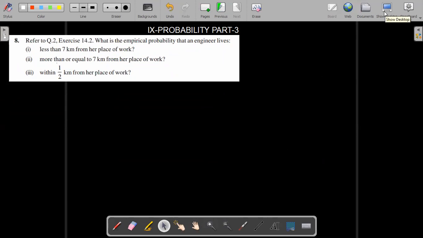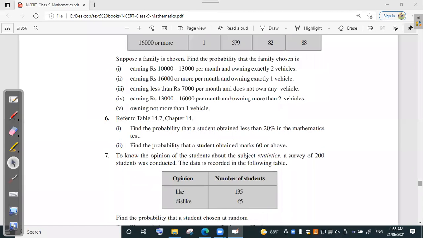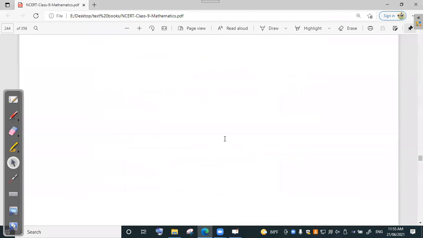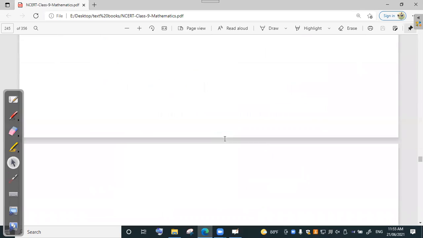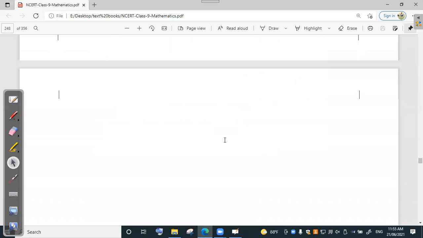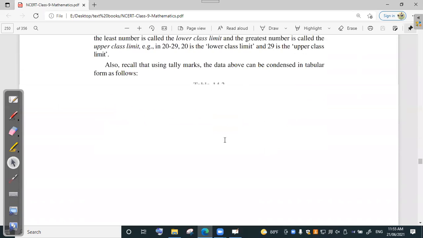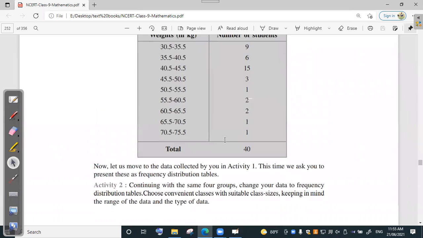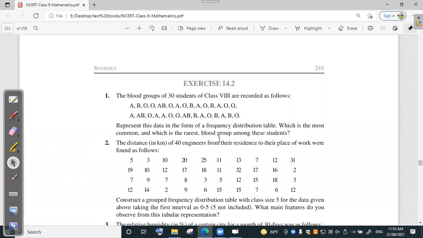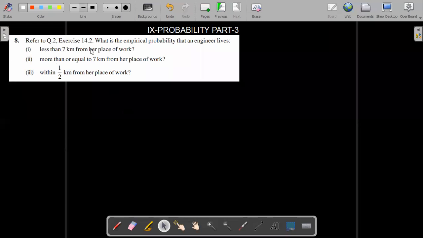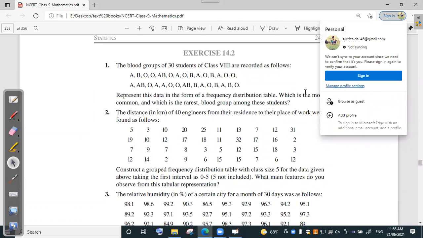Okay, so exercise 14.2, question number 2.